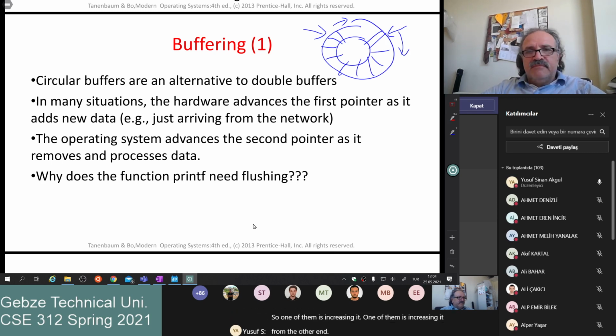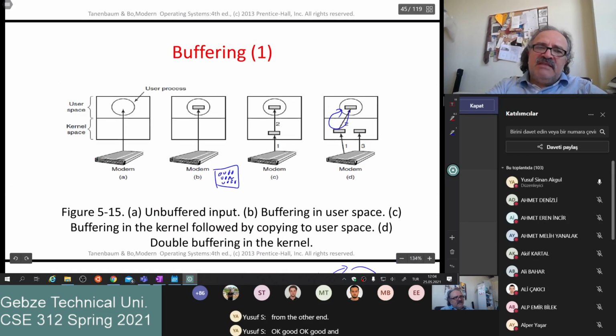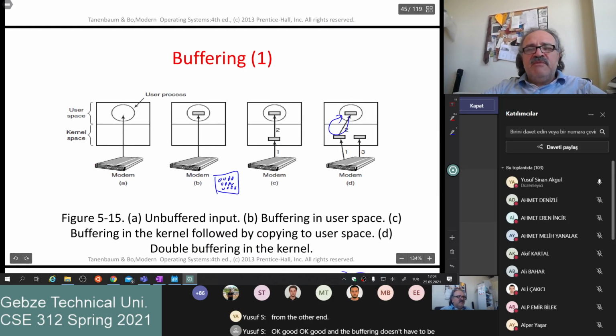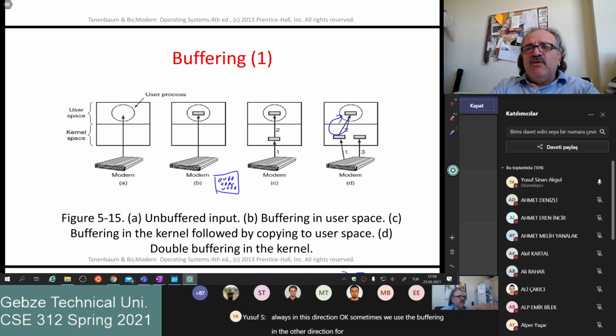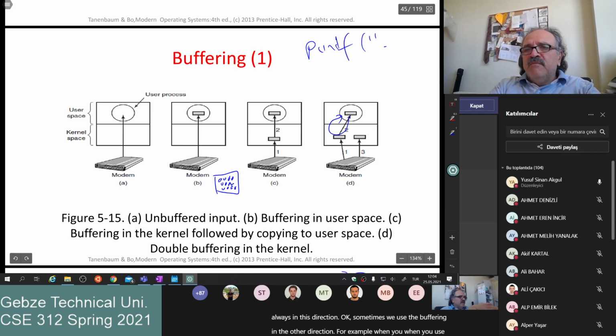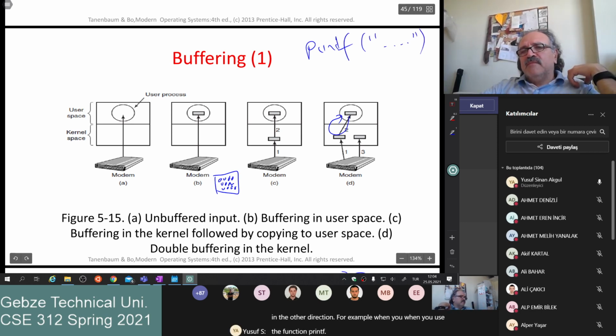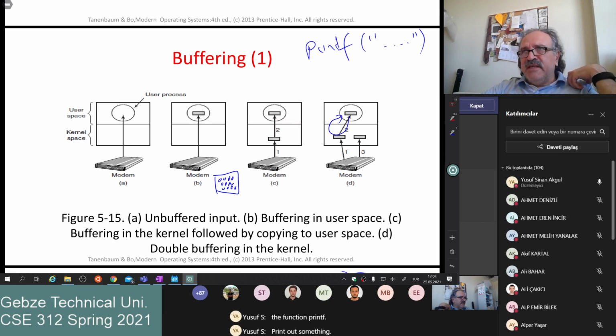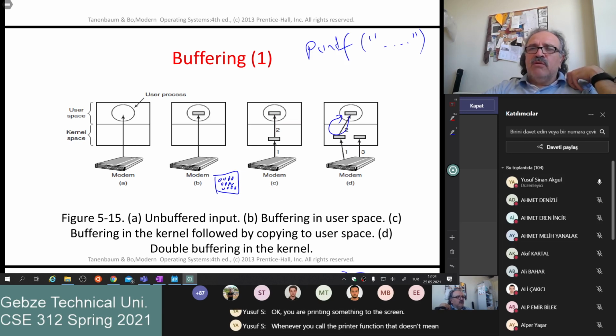Good. And the buffering doesn't have to be always in this direction. Sometimes we use the buffering in the other direction. For example, when you use the function printf, you are printing something to the screen. Whenever you call the printf function, that doesn't mean that it is making a system call.